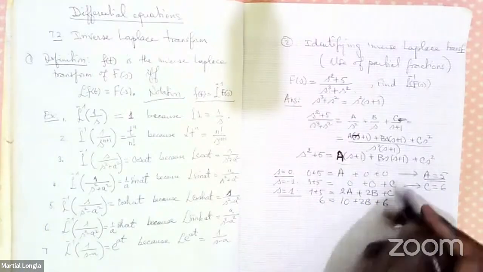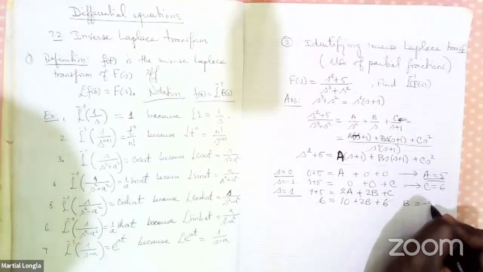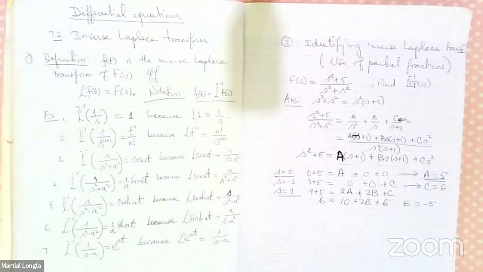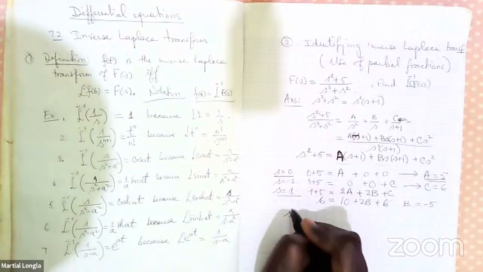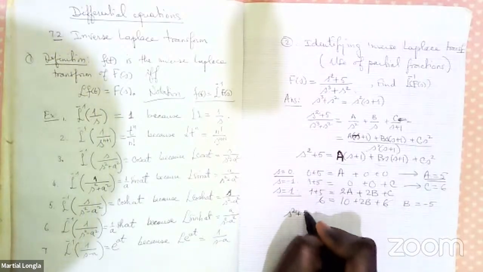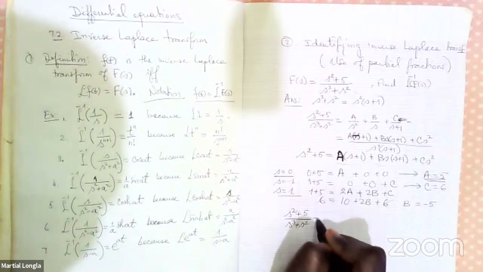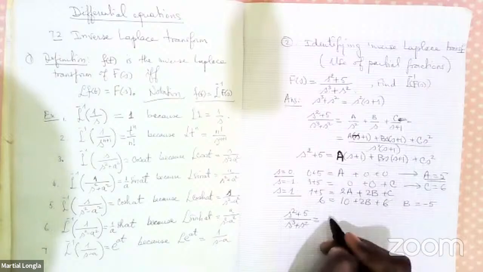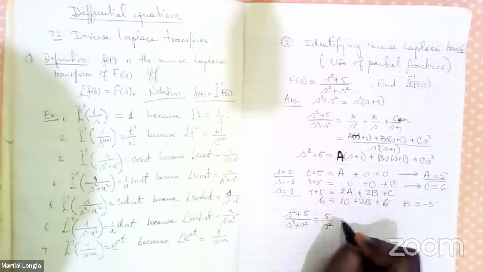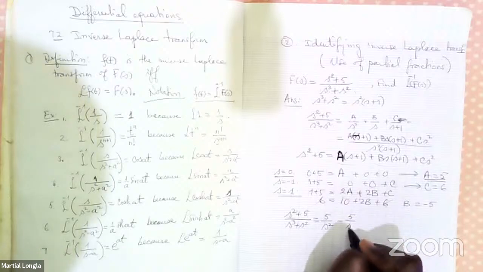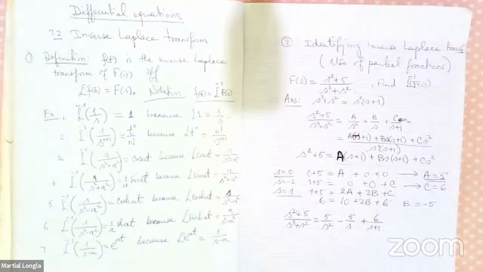The 6s cancel, so you get B equal -5. So now we got A, B, and C, and once you get A, B, and C, you get s squared plus 5 over s cubed plus s squared equals 5 over s squared minus 5 over s plus 6 over s plus 1.